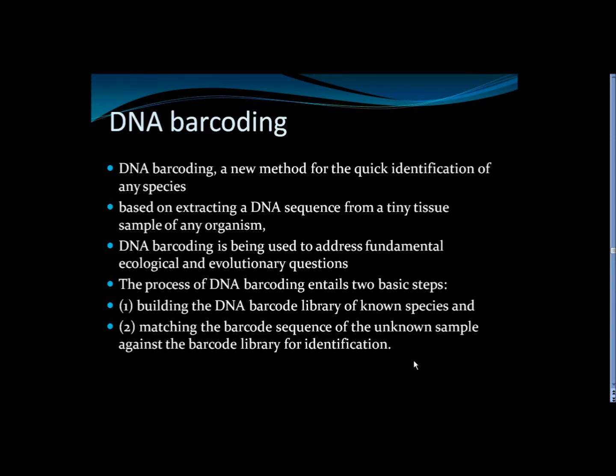The main process of DNA barcoding consists of two steps. A DNA barcode library should be built of the known species, and the barcode sequence of the unknown species will be matched with the already existing DNA barcode library for identification.